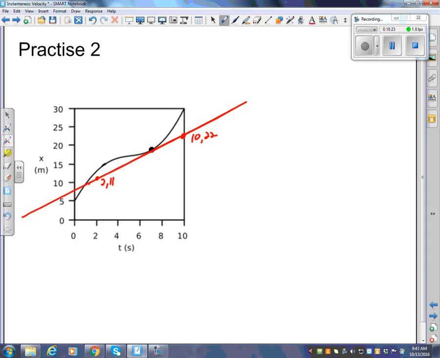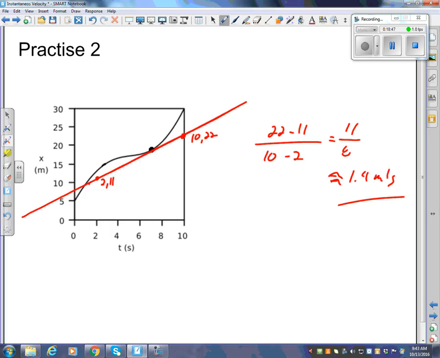So slope is 22 minus 11, 10 minus 2, 11 over 8. That's 1.375, or we'll say approximately 1.4 meters per second.